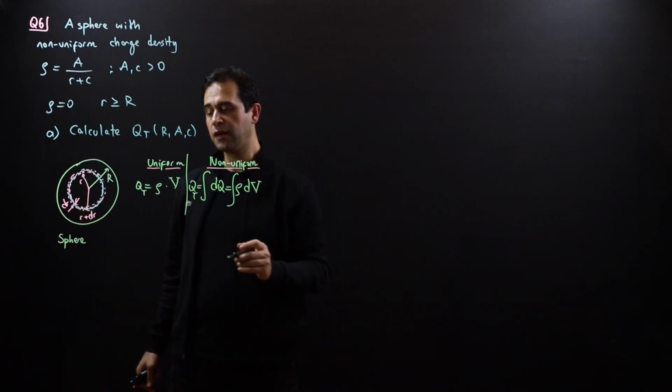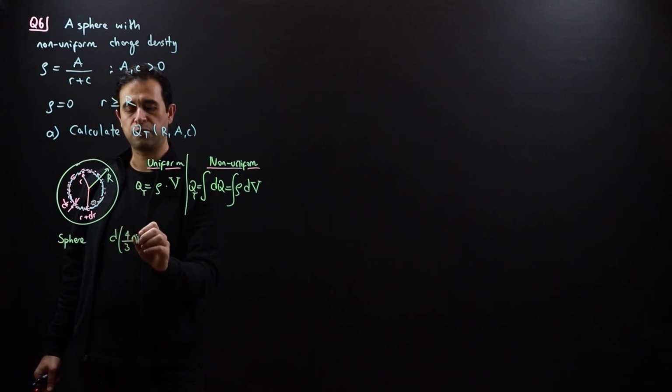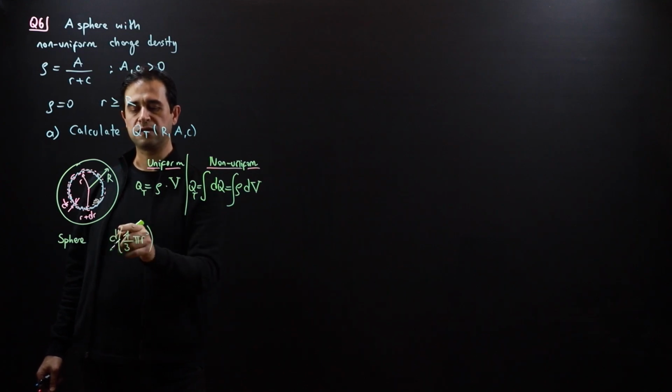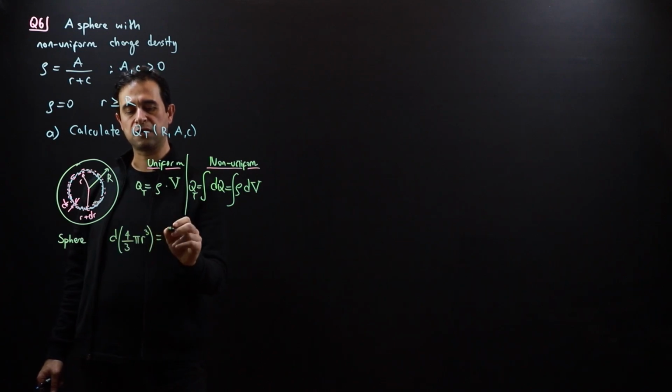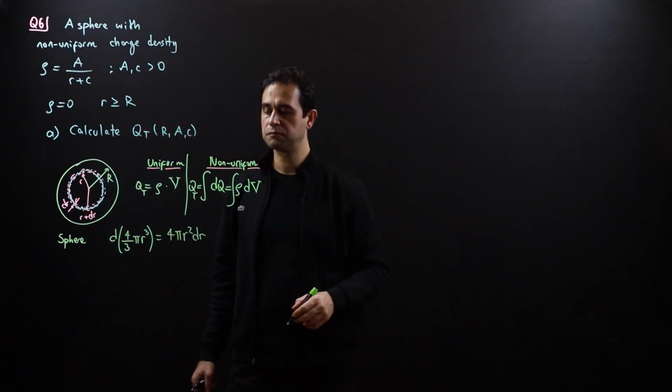You can do that. Or you can simply take dV, where V is the volume of a sphere, 4 pi r cubed over 3. This is dV. And if you do it, the derivative hits here, and that's going to give you 3r squared dr, and that cancels this guy, and you get 4 pi r squared dr, okay?